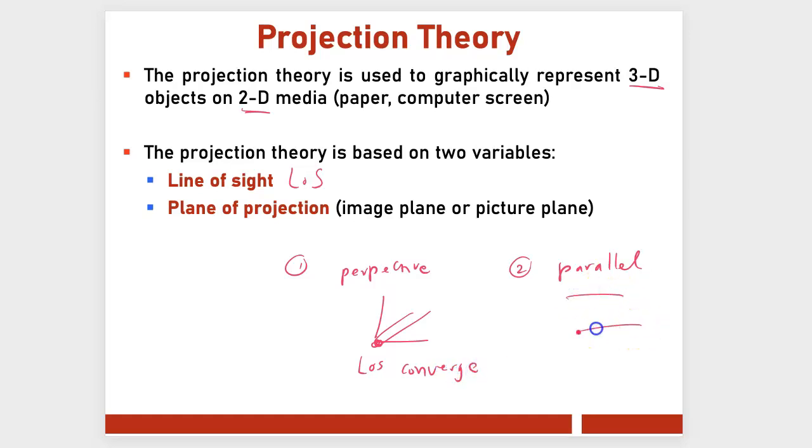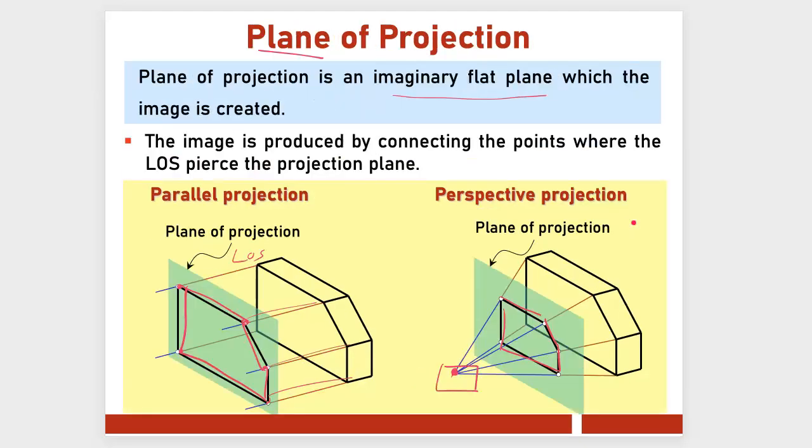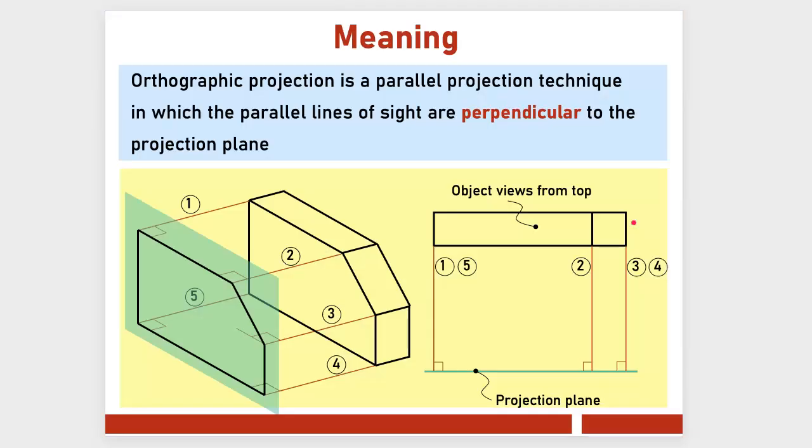And parallel, the line of sight does not converge. And therefore, perspective does not maintain the features of the object when we draw it on the plane of projection, whereas parallel maintains the features accurately.